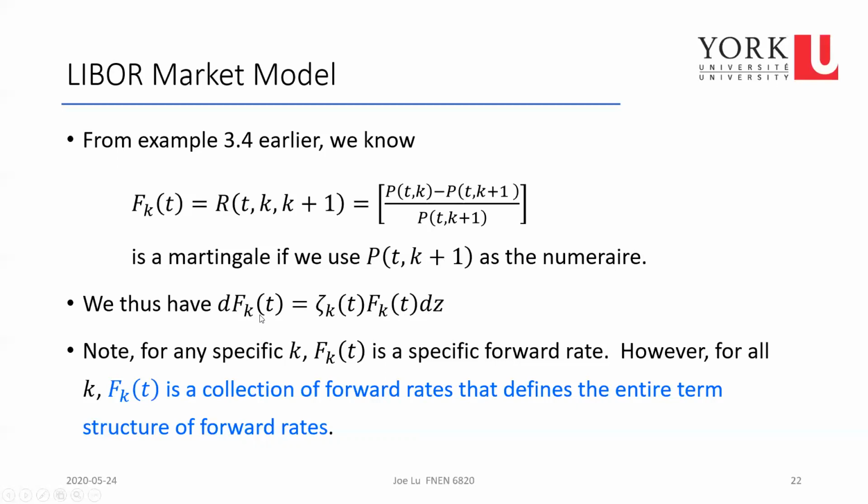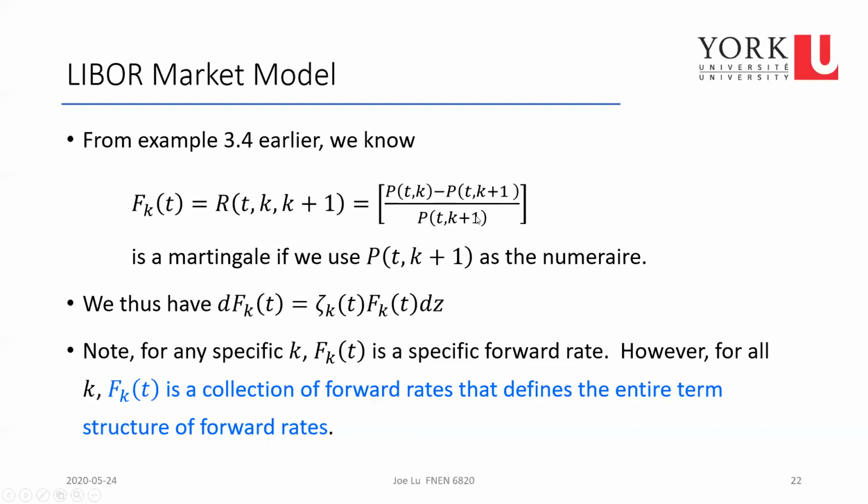But Fk plus 1 is not a martingale. The reason is that we're using this thing as numeraire, whereas for Fk plus 1 we have to use another zero coupon bond.